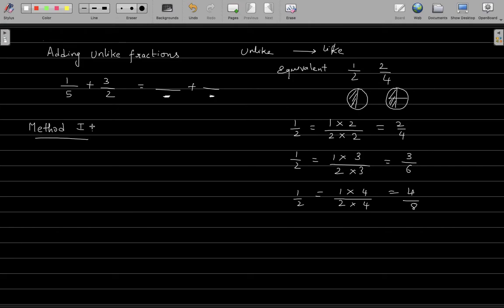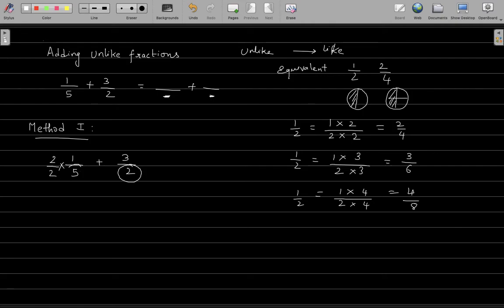In this first method, we have 1 by 5 and 3 by 2. I will take the denominator of the second fraction. What is the denominator of the second fraction? 2. So I will multiply both the numerator and denominator of the first fraction by the denominator of the second fraction, that is, I am multiplying the numerator by 2 and the denominator by 2.